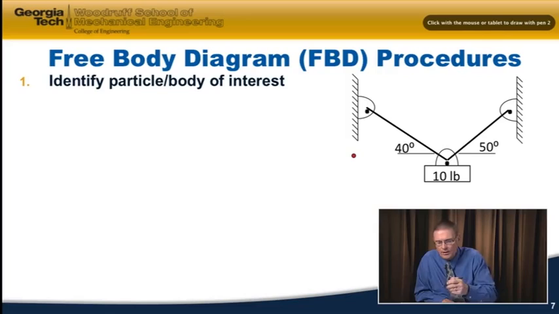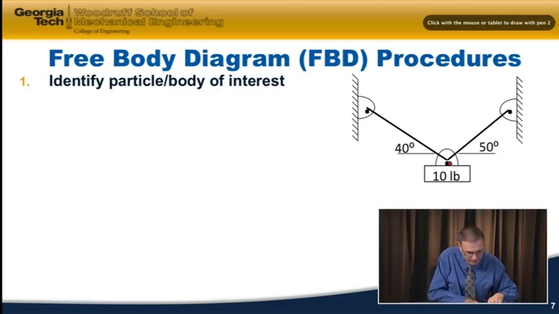In this case, we have this point right here in which we have a tension of the cable that's acting up to the left at a 40-degree angle, and we have another tension in this cable that's acting up to the right at a 50-degree angle, and then we have a weight down of 10 pounds. And so the body or particle of interest is this point right here, which is the intersection of these forces. And so I'm going to draw that down here.